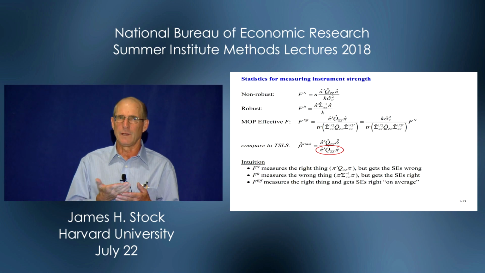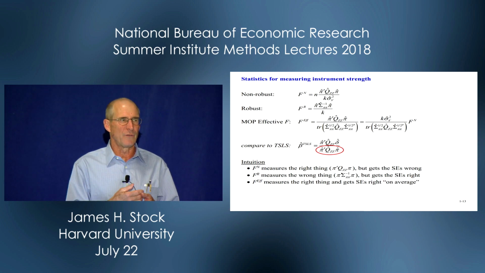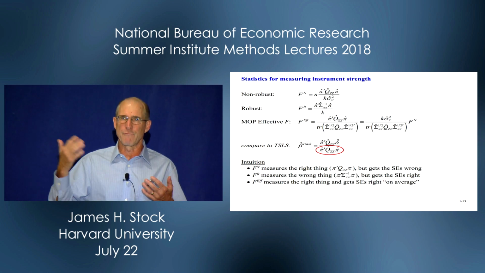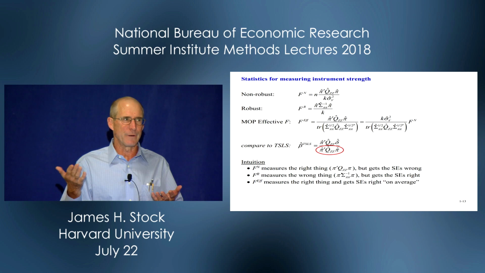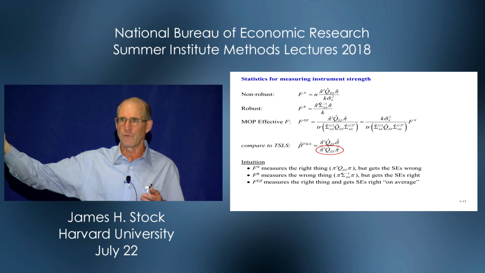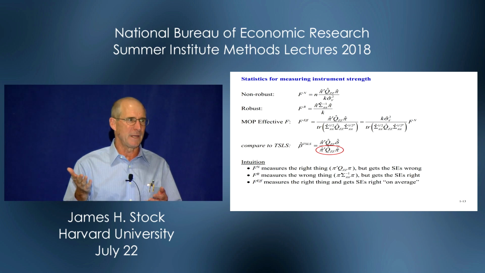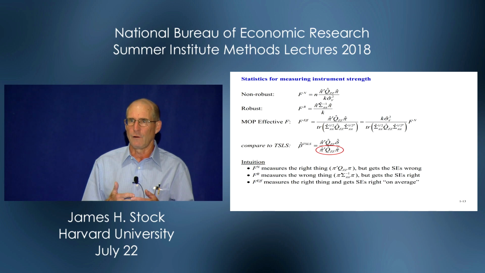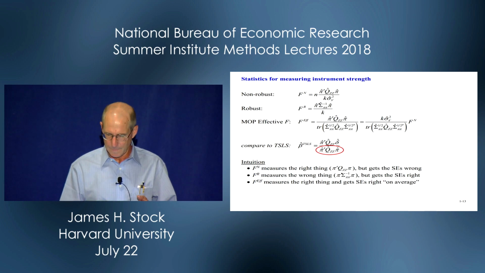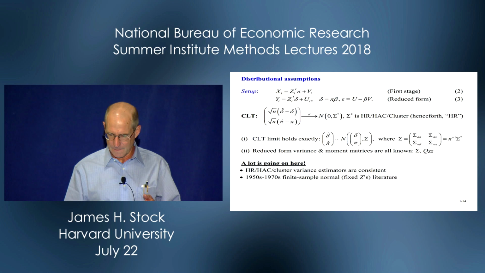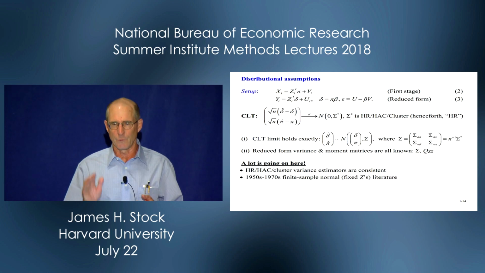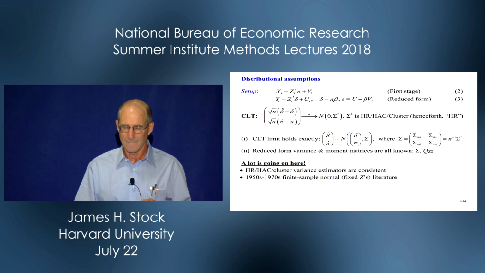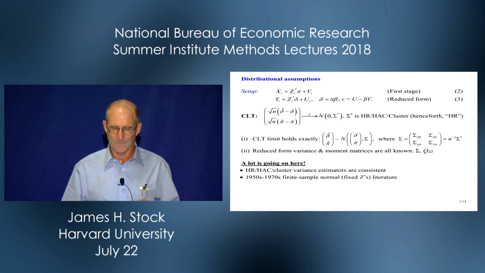You could have a pretty weak instrument, but if your non-robust estimator has the standard errors really wrong, you could get a really big first stage F, and it's not going to pick up your weak instrument because you're just getting the standard errors wrong. So that makes sense. What's a little more subtle I'll give you in a minute. It's a great example.